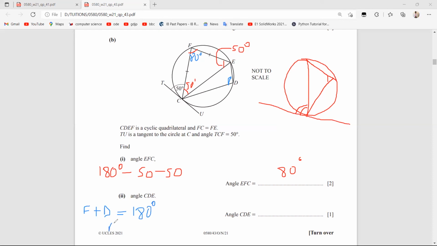So if you want D, F will cross to the other side, okay? F was positive, now on the other side to be subtracted. That means angle D is the same as 180 minus 80, because F is 80. And you'll get your angle D to be 100 degrees.